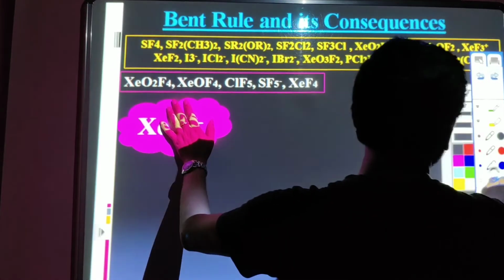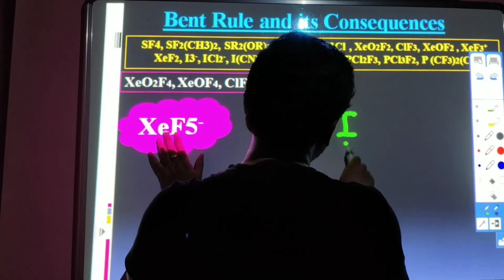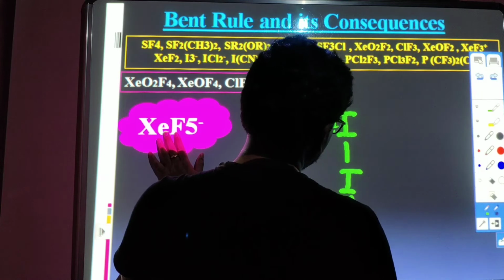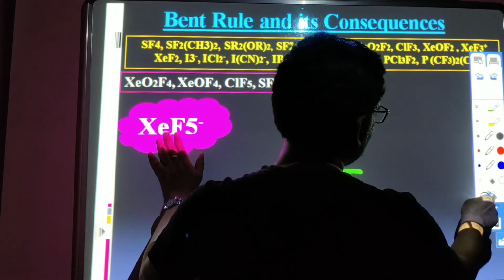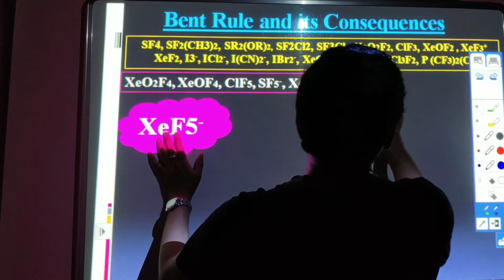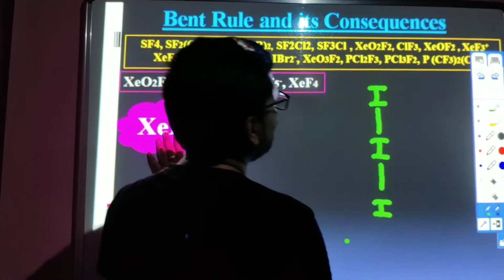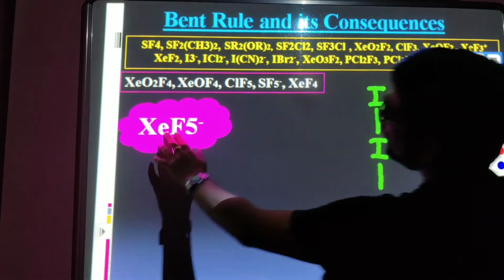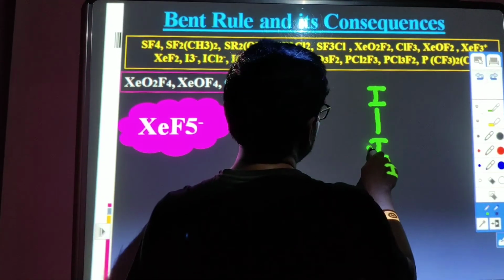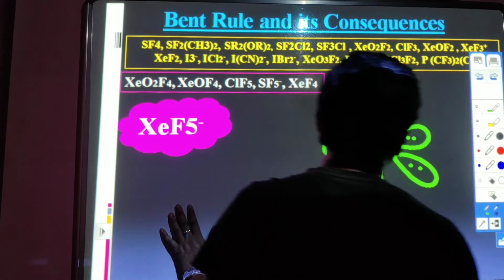Then I3 minus. I draw all the structure shapes for you. This is the central I. I3 minus has 1 lone pair, 2 lone pairs, and 3 lone pairs.